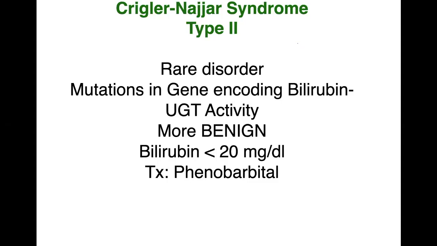Definitive treatment for Crigler-Najjar type 2 is phenobarbital, and I'll explain what phenobarbital does before we wind up this session. So please take note: type 1 is fatal, type 2 is benign.